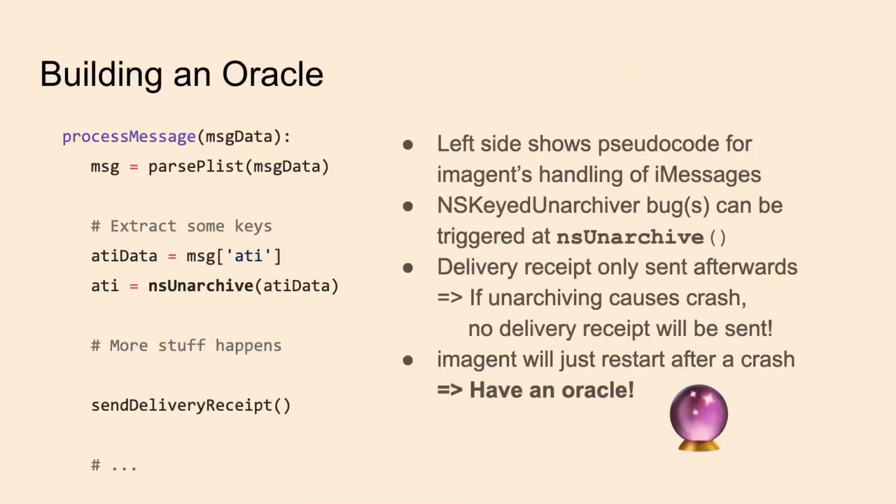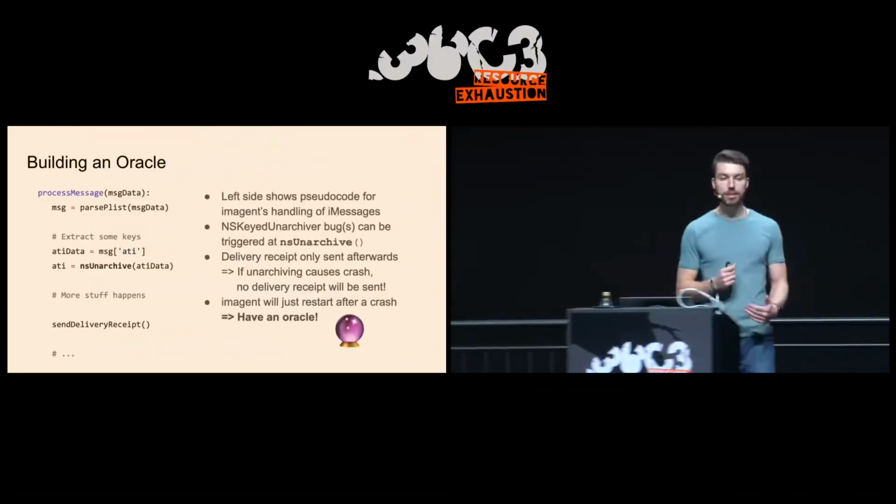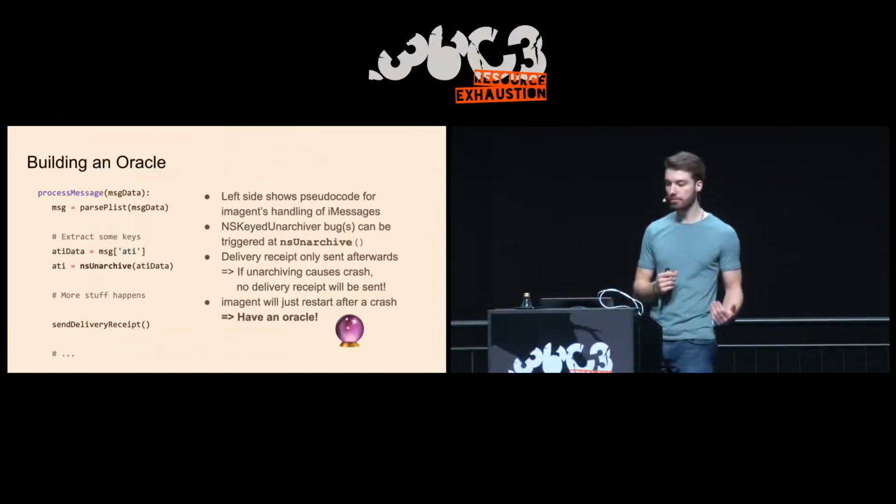Here on the left is some pseudocode of how IM agent handles messages and when it sends these receipts. You can see that it first parses the plist that's coming in, and it's then doing this NSUnarchiving at some later time. This is exactly why our bug would trigger during NSUnarchive, and only then does it send a delivery receipt, right?